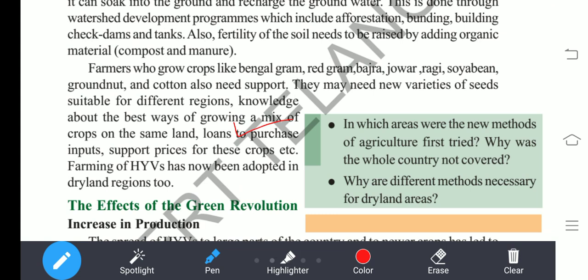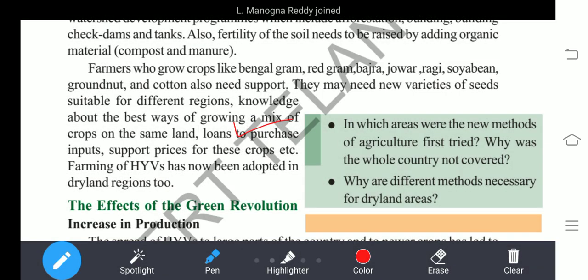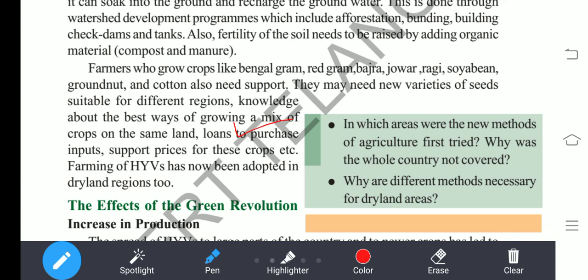And in the dryland region, farmers should be given the knowledge of using HYV seeds. Understand? So the knowledge of growing different crops and the best way of using HYV seeds should be adopted in drylands. These are the things to be done.